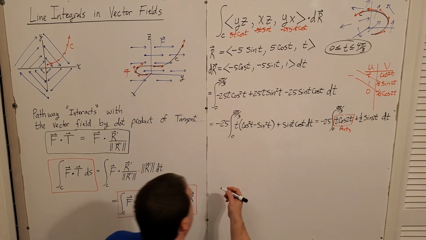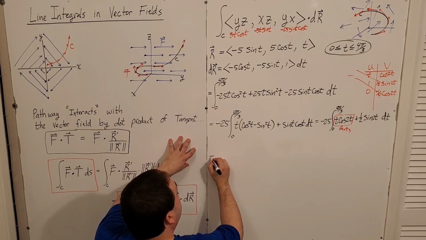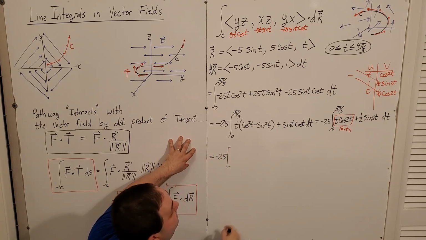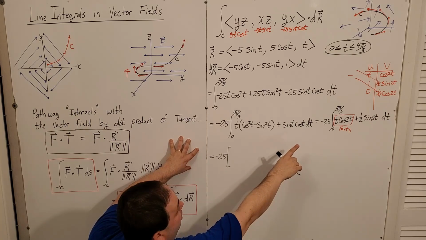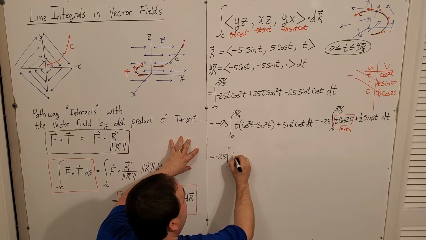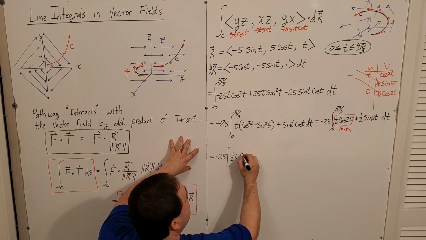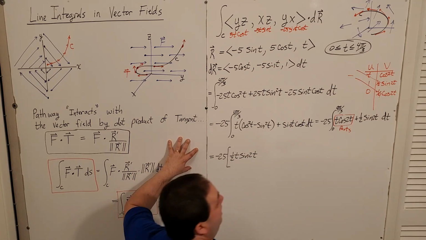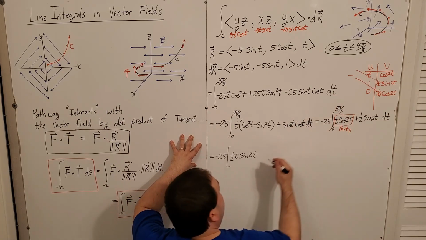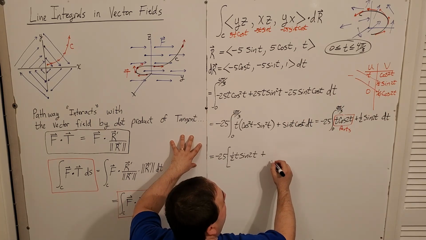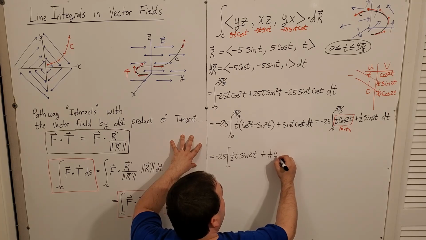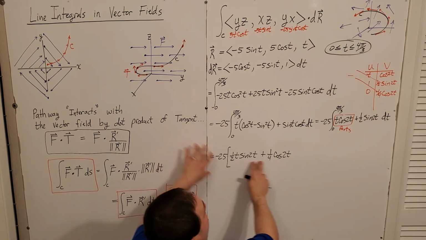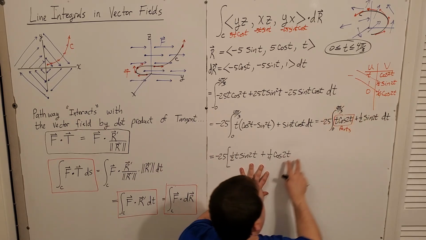Okay, so I've got negative 25 times the integration of the by parts is going to give me 1/2 t sine 2t, and plus, because of the double negative, 1/4 cosine 2t. Okay, so that's the by parts. That's this piece coming from the chart there.